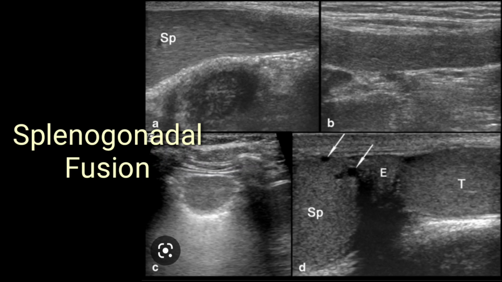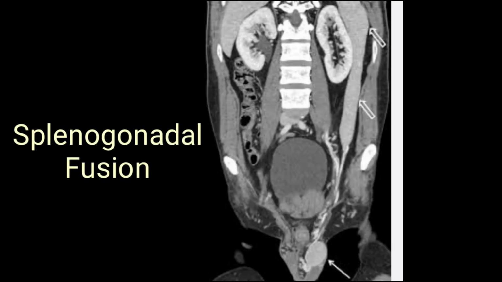Besides scanning the abdominal cavity and inguinal canal, always scan the spleen area because there is a possibility of splenogonadal fusion, because it is a congenital anomaly and you can see it on the images clearly. In case of any doubt for splenogonadal fusion, always advise further radiological imaging, especially CT scan and MRI.